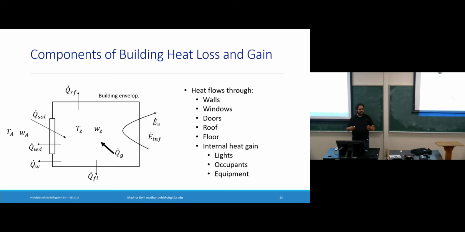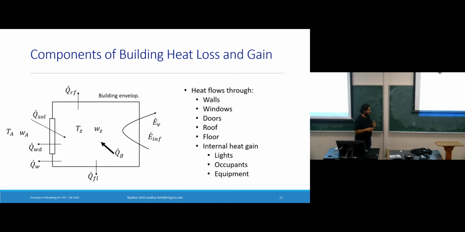There's internal heat gains that we are generating because of our metabolic activities. This computer is generating heat. These lights are generating heat. The projector is probably generating the most heat out of all equipment in this room. So all of these accumulated mechanisms are responsible for the generation of these energy or heat flows, and they occur through different mechanisms of heat transfer based on what we are talking about.